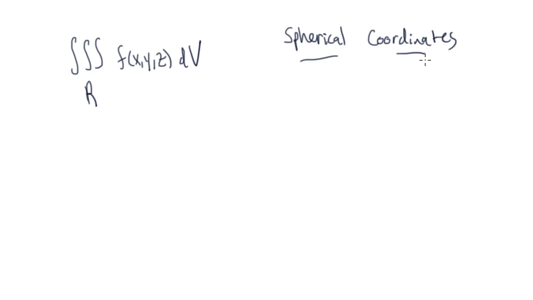For spherical coordinates, we really want to notice some sort of spherical symmetry. And now let me just review a little bit about what spherical coordinates are before we talk about how to actually make the transformations. So mostly we just really need to know, how do we transform x, y, and z? And then also, how do we describe a volume element in spherical coordinates? So what we want to do is take our point x, y, z here.